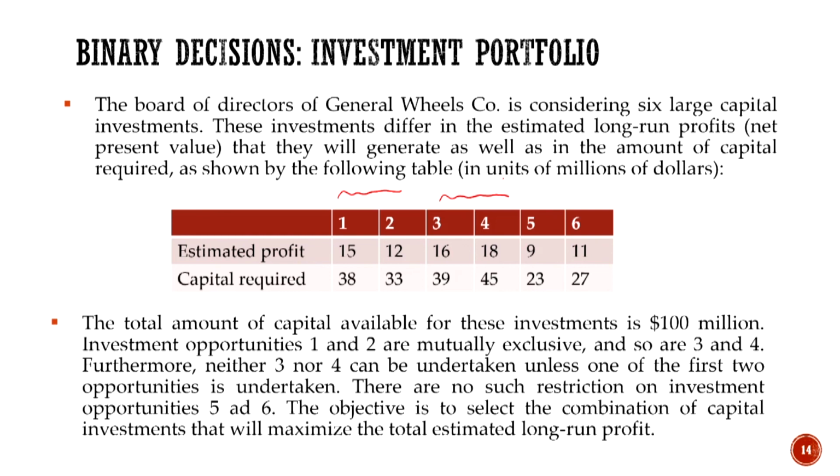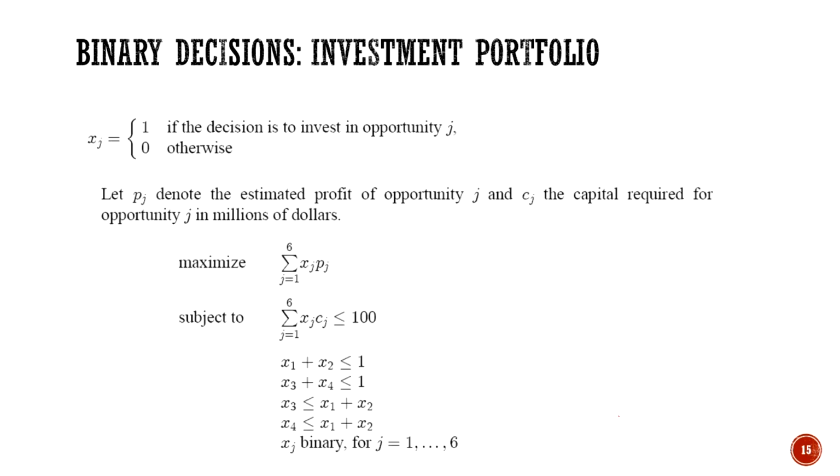That's another constraint. There are no such restrictions on investment opportunities 5 and 6. The objective is to select the combination of capital investments that will maximize the total estimated long-run profit. So we have a maximization problem, and it's the total estimated long-run profit.